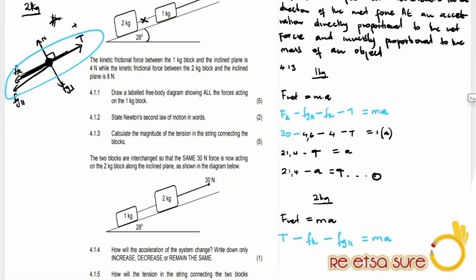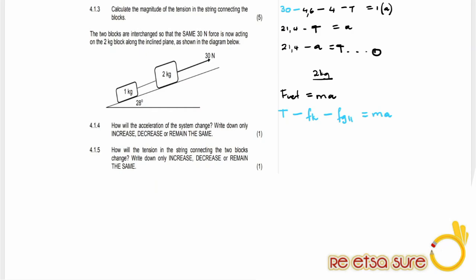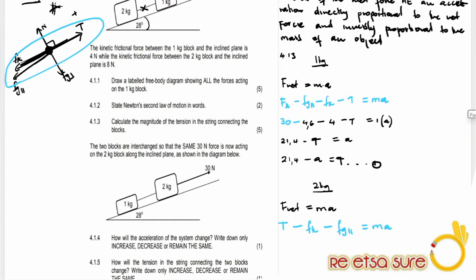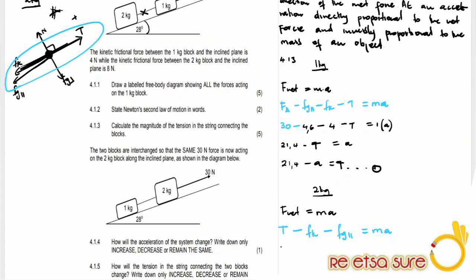Okay, so now what is the value of T? We don't know. So T minus, for the 2 kg block, we are given the kinetic frictional force between the 2 kg block and the incline is 8 N. So here I'm going to minus 8 minus the F_g parallel.